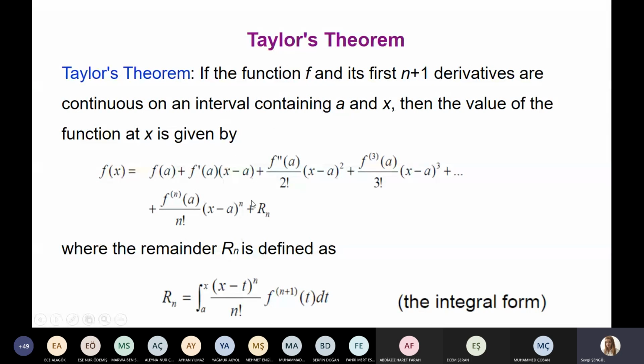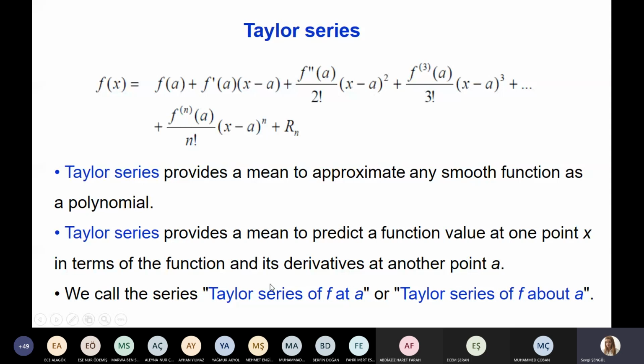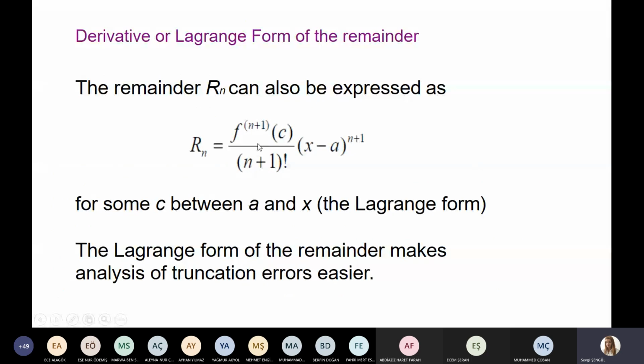And the remaining term, the remainder term, we can write up to n, and after that the other terms, since this is an infinite series, you can define as an integral form like that, or like this as a Lagrange form. And we will be using this Lagrange form a lot. This is much easier to use. So you need to know this remainder term, because we can quantify the truncation error according to this remainder term.